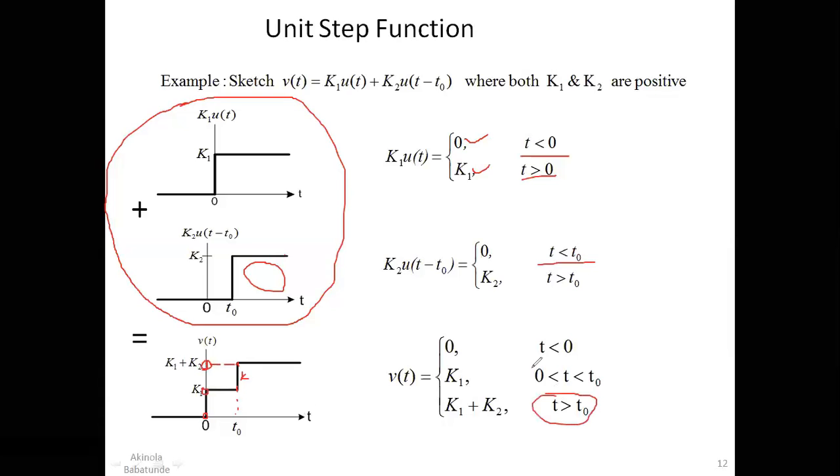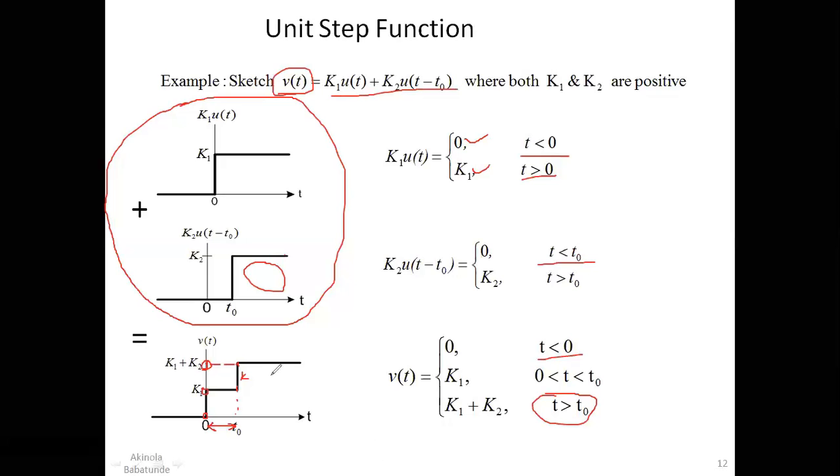So what you see is that we have t less than 0. When you add both of them together, we have 3 limits. We have t less than 0, and that starts from here. We have t greater than 0 but less than t naught, so that will be between here. At that particular point, the v of t, which is the summation of these two, will be equal to k1.